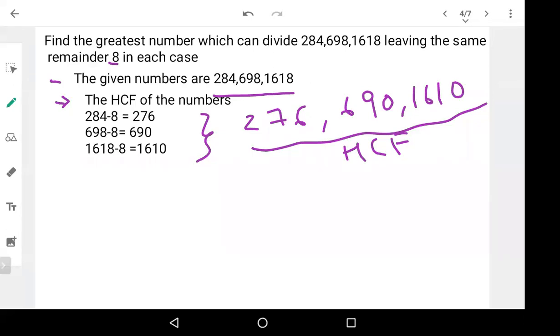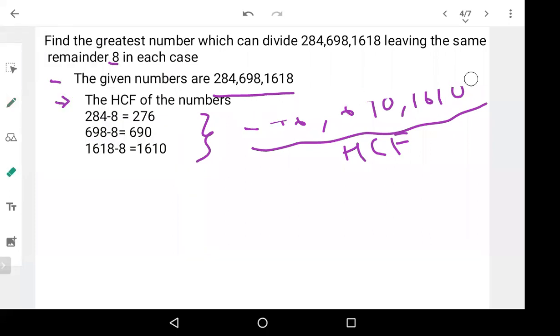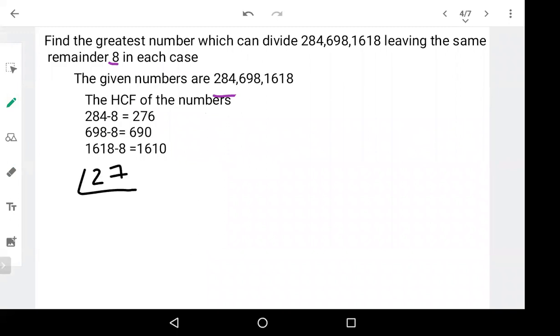Okay, so firstly, we'll erase all this so we get enough space to actually solve the problem. So let us start. First is 276. Now how do you start 276?